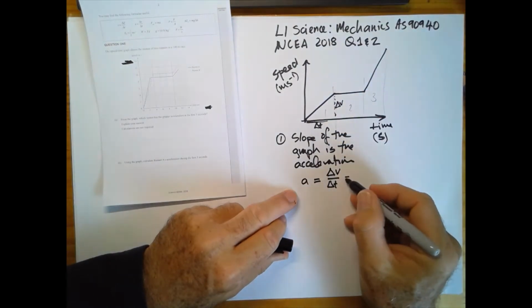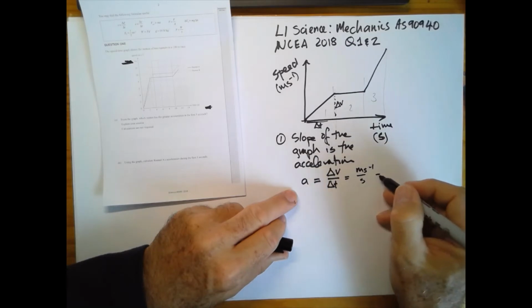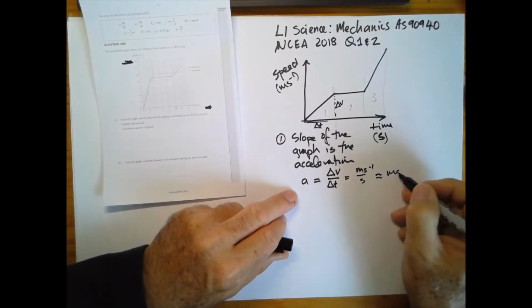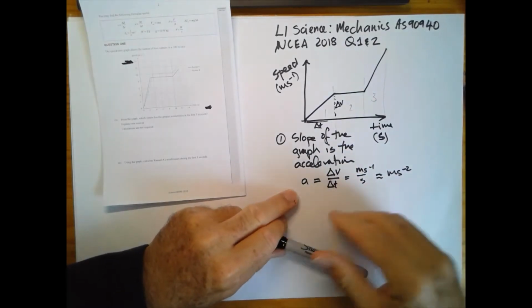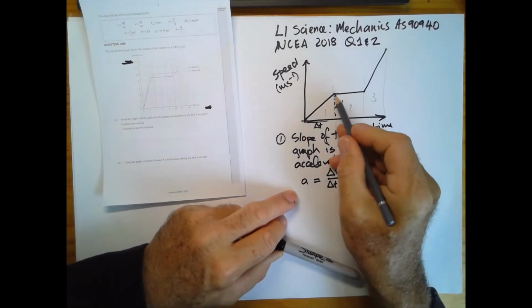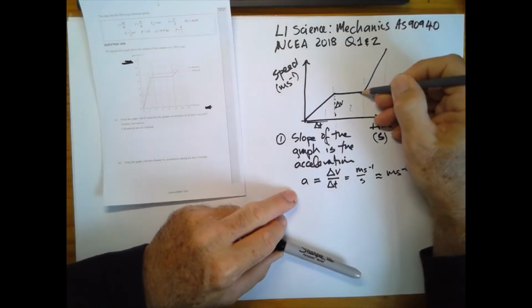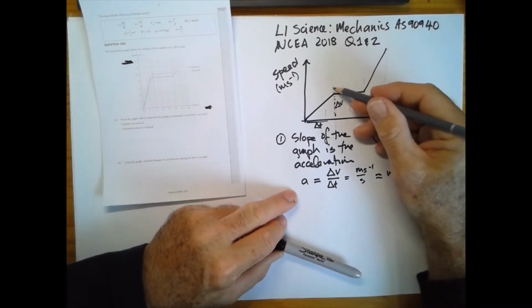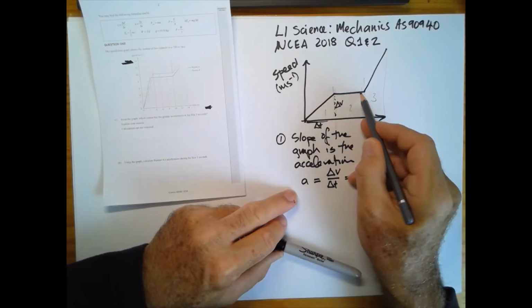So it's going to be meters per second divided by seconds, so it's going to be in meters per second squared. And when we look at this graph, we can see that at this point, section 2, the slope is 0. There's no acceleration from this time to this time, so this one has got no acceleration.